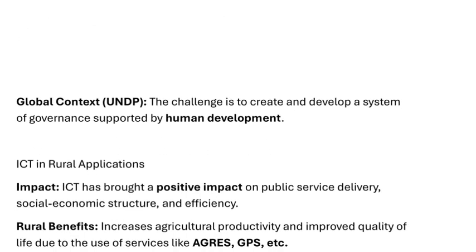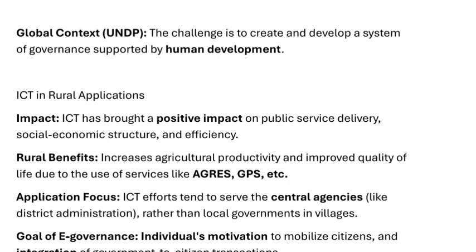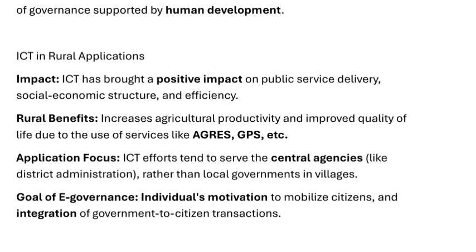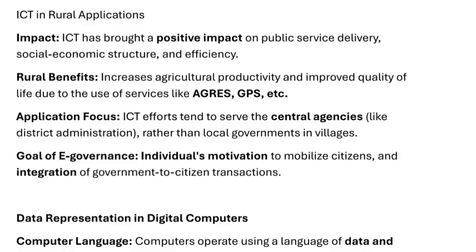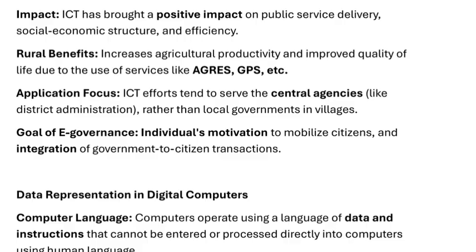Global context, UNDP: the challenge is to create and develop a system of governance supported by human development. ICT in rural applications impact. ICT has brought a positive impact on public service delivery, social economic structure, and efficiency.